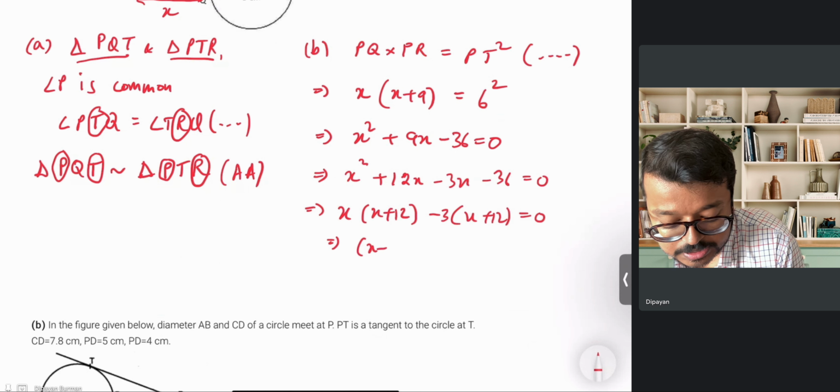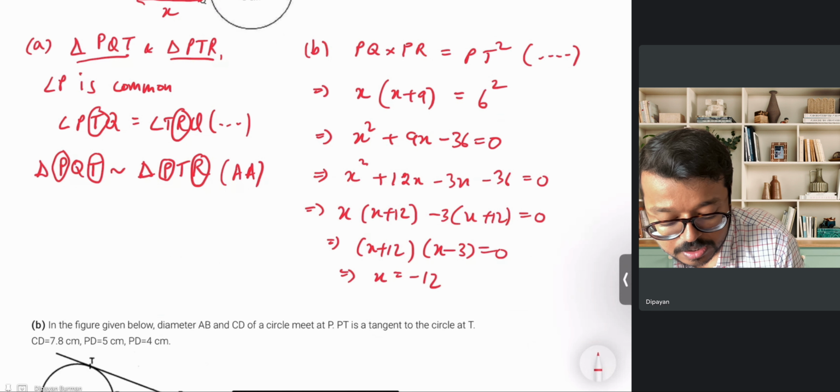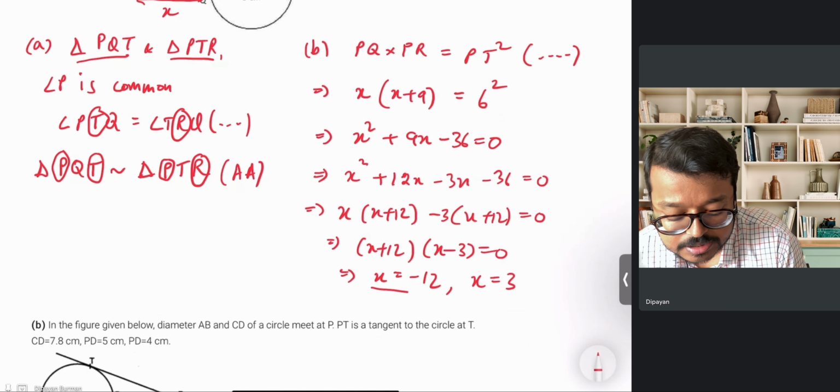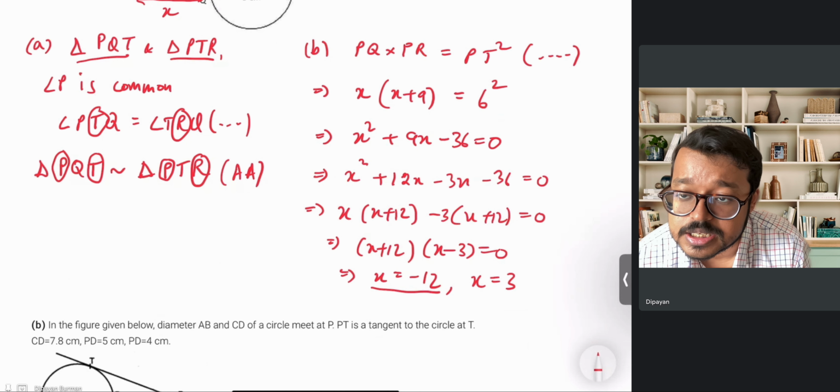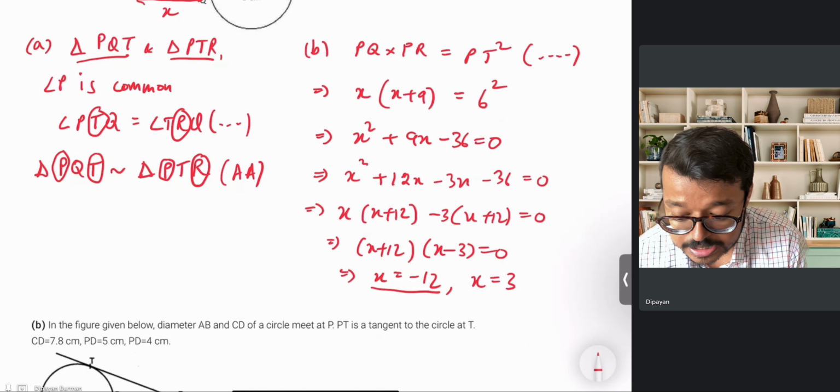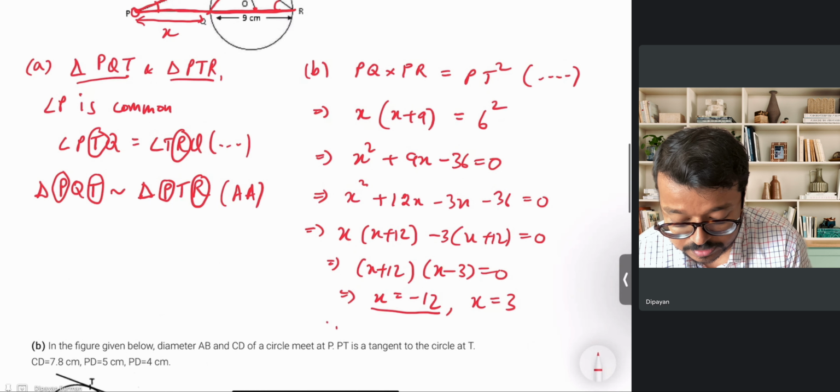So x plus 12 multiplied by x minus 3 equals 0. So I can say x equal to minus 12 or x equal to 3. But x equal to minus 12 is not possible because length is positive. So I will say x is 3. So therefore the length of PQ is 3 centimeter.